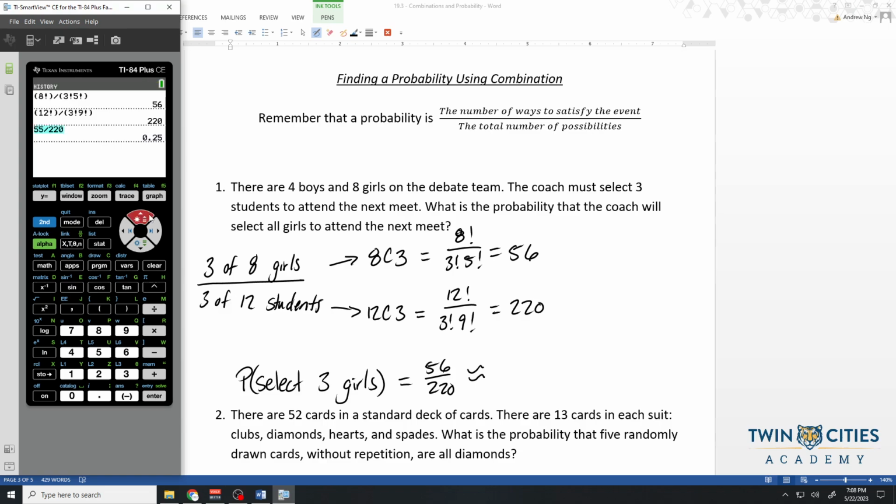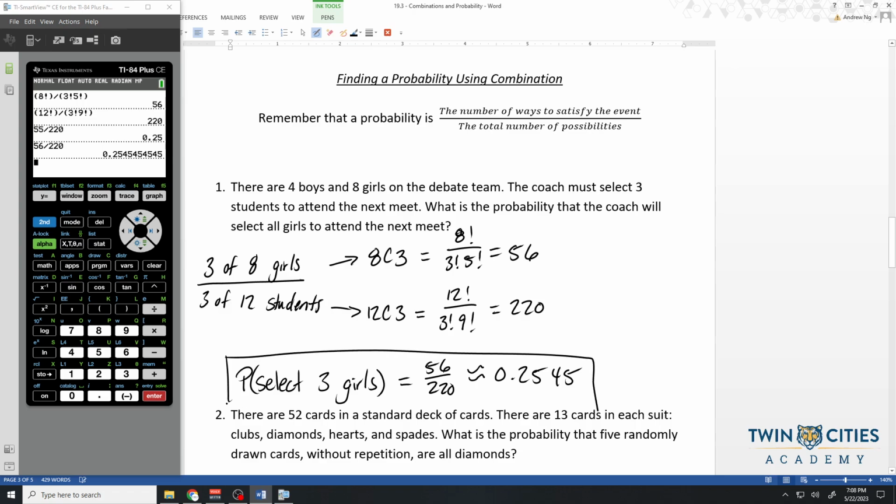I need to do 56. That's .2545. So it's a little better than 25%. How I find that is just moving this decimal over 2 spots, and that would be your percent chance.